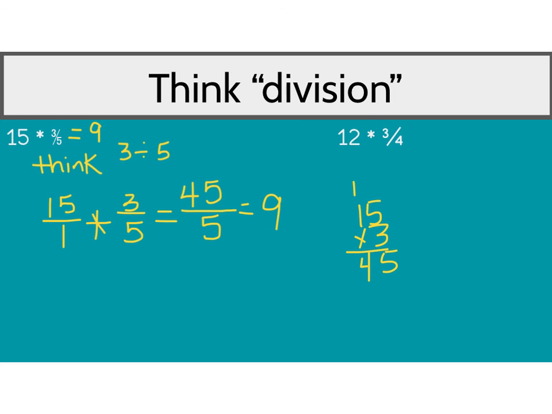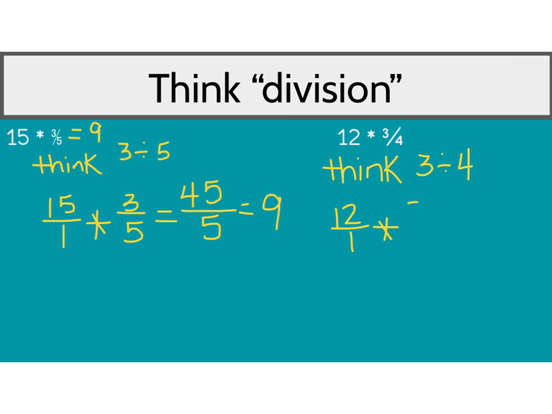So now let's take a look at that second problem on the right side there. We have 12 times 3/4. Again, we want to think of that fraction as a division problem. Think of it as 3 divided by 4. So if we set it up and put 12 over 1 times 3/4, we're going to multiply our numerators first.